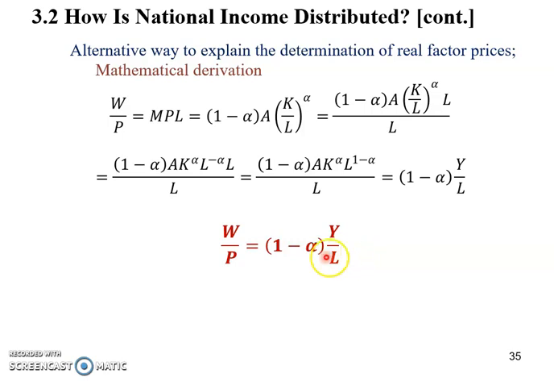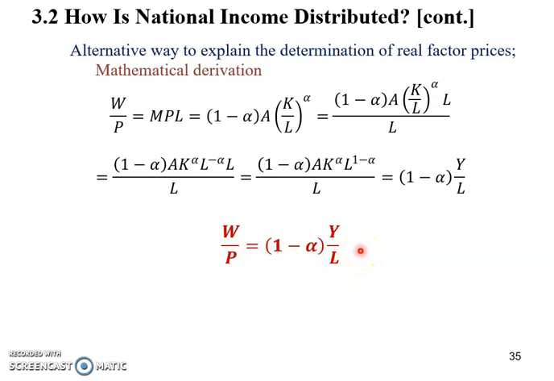That's how we come up with the economic intuition of this equation: the real wage is determined by labor productivity. In other words, the more productive you are, the more you will be paid. Again, it makes perfect sense.